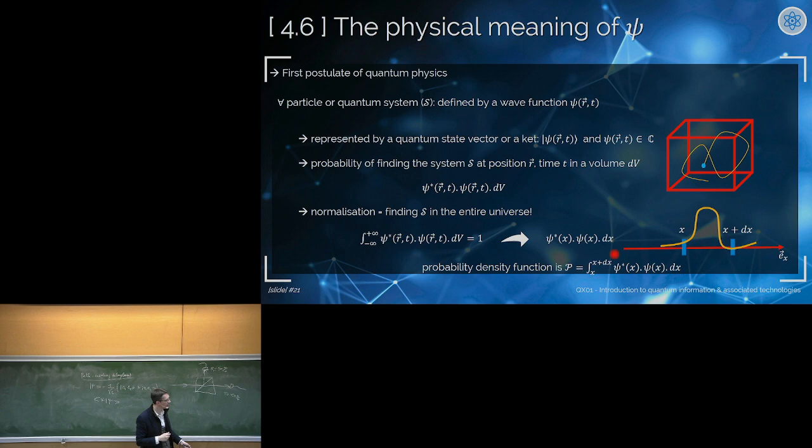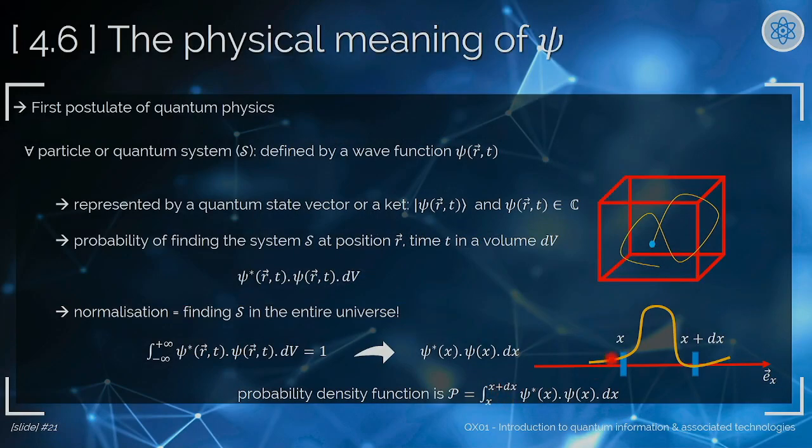What it means here is that if I measure this quantity, I will find the probability of finding my particle between the distance x and the distance x plus dx. And if I integrate over this length between x and x plus dx, then I have the probability of finding my particle in this interval of dx.